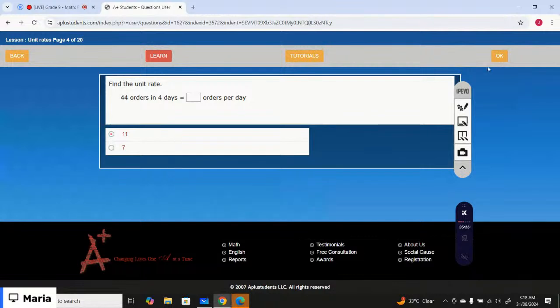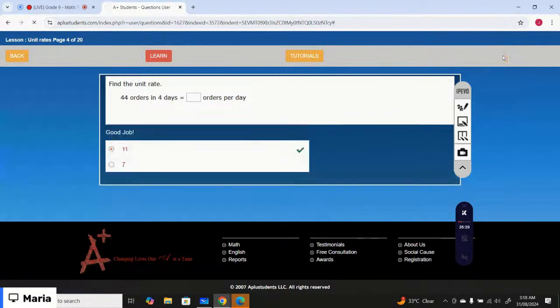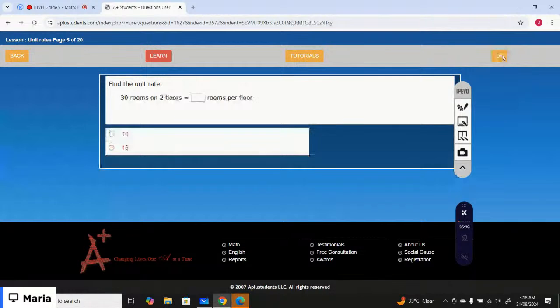So that is 11 orders per day. The next one is 30 rooms on 2 floors.